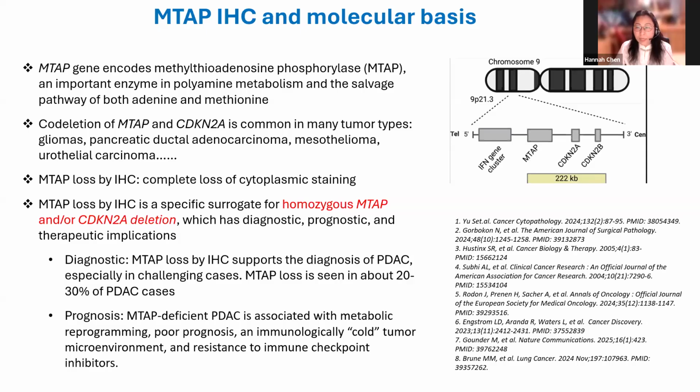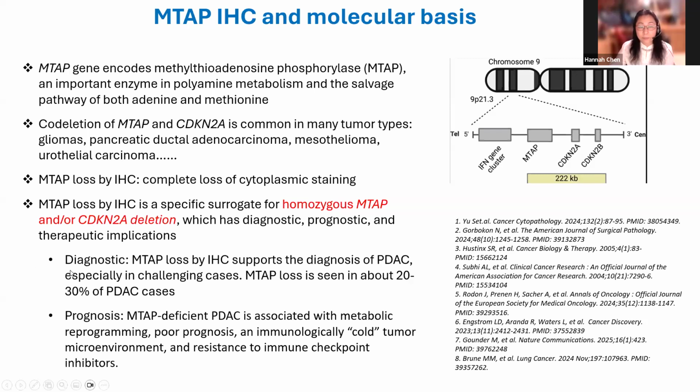urothelial carcinoma. MTAP immunostain, as I showed, is available. MTAP loss by IHC is basically complete loss of cytoplasmic staining. MTAP loss by IHC is a specific surrogate marker for homozygous MTAP deletion, with or without CDKN2A deletion, which has diagnostic, prognostic, and therapeutic implications.